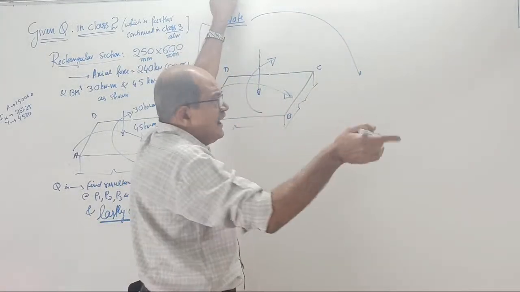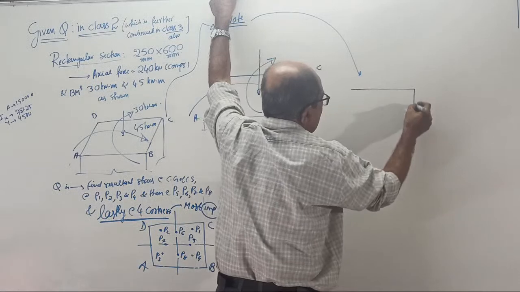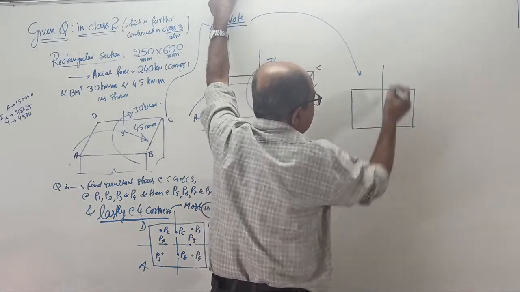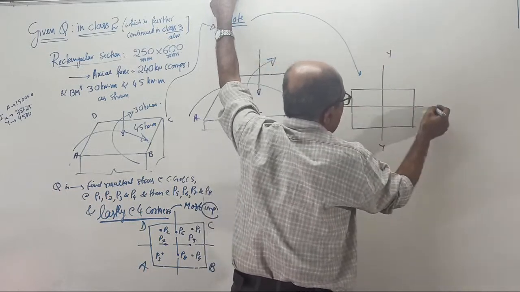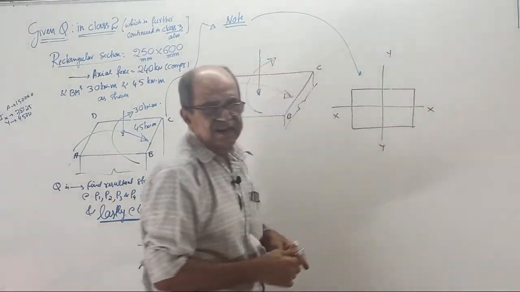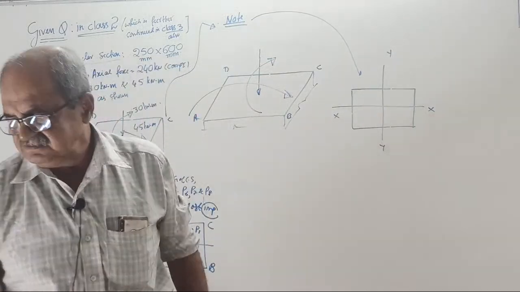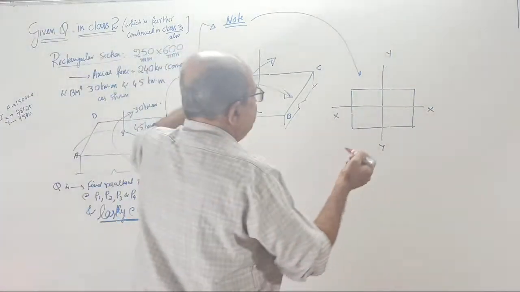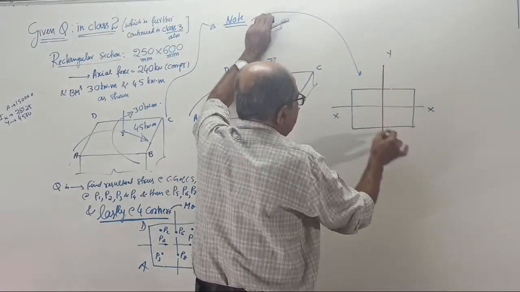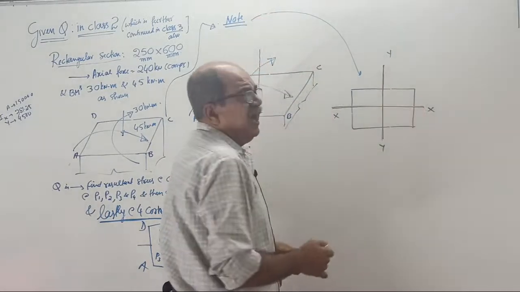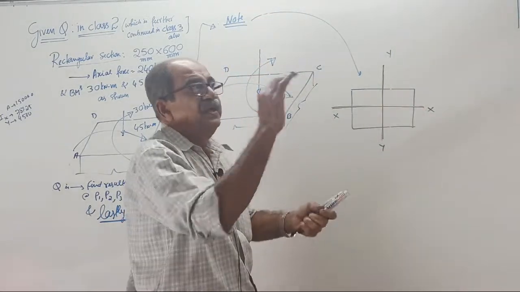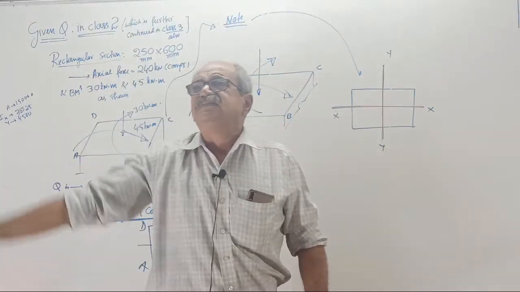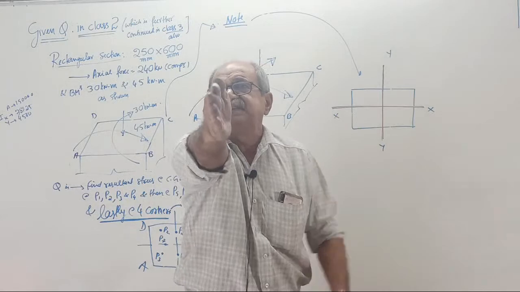If this is the cross section, if this is the y-y axis, if this is the x-x axis, I repeatedly told you, when you say moment, BM or moment, anything, this is about this axis.